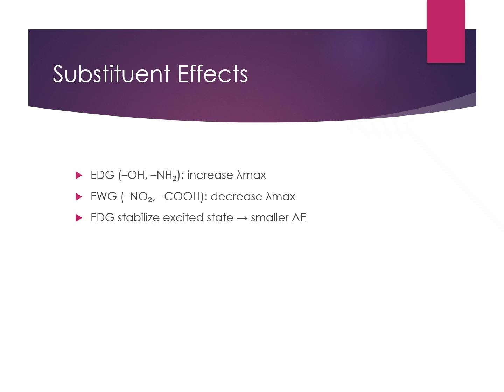Electron withdrawing groups like NO2, C double bond O, and chloride withdraw electron density, destabilize the excited state and increase delta E, causing a blue shift. So substituents change the electronic environment and directly affect lambda max and absorbance, epsilon max.